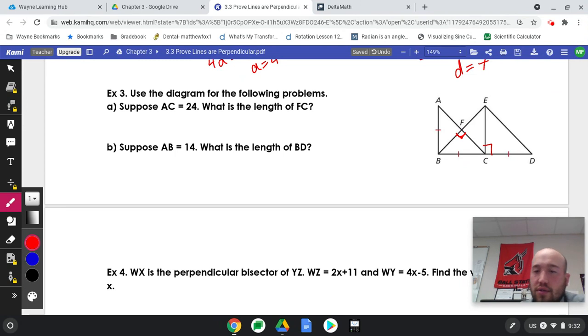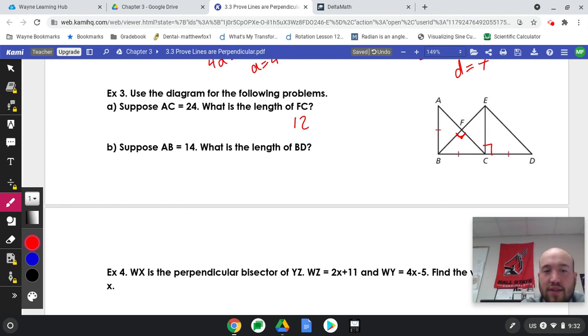So if those two are both right angles, then we know that since those are perpendicular and B to A and B to C are the same, that means that F is the bisector, so AF and FC will have to be the same. So if AC was 24, we can divide that by 2, FC will be 12.